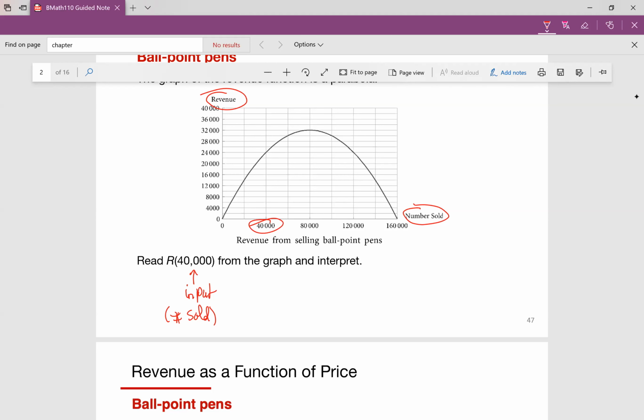And from the graph, this should give you the revenue as $24,000, right? Okay, so let's move down.